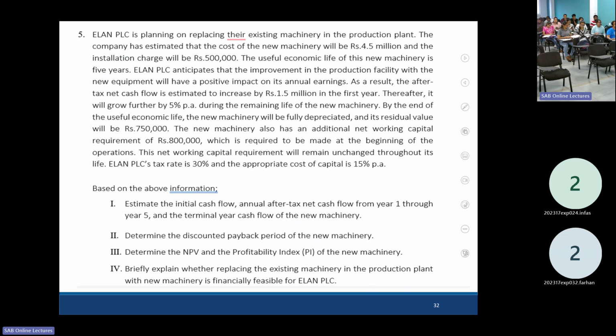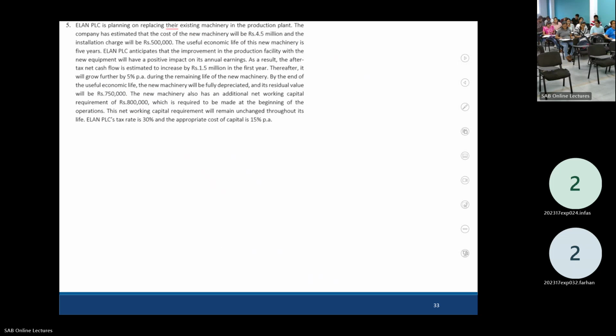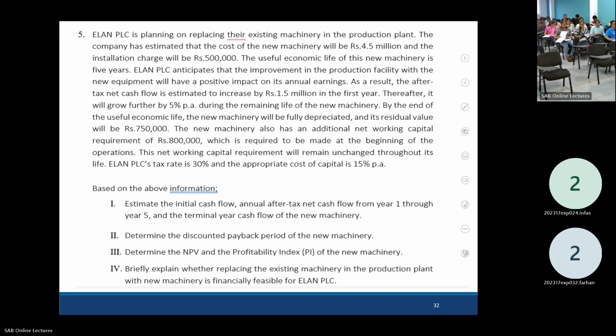All right. Before going to that, you have your tutorial example on the cash flow estimation. Look at this one. LNPFC is planning on replacing the existing machinery in the production plant.